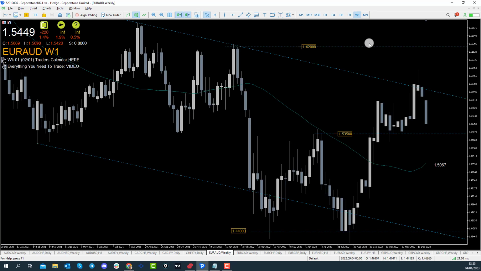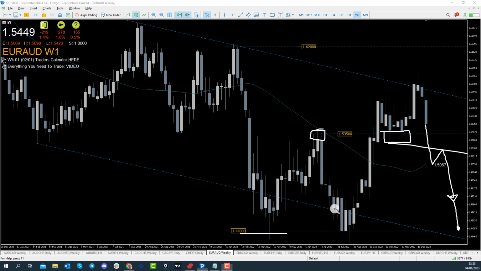The only problem we've got is if I just jump to the weekly time frame, you can see that 1.5350 does remain a little bit of a sticking point for price, because we've had all this area in here where buyers have stepped back into the market, as well as the selling pressure that came from over in this area. So I think if you wanted to be the long-term outlook trader here, you would want to wait for price to clear this 1.5350 before starting to see that play out towards the 1.44 handle.